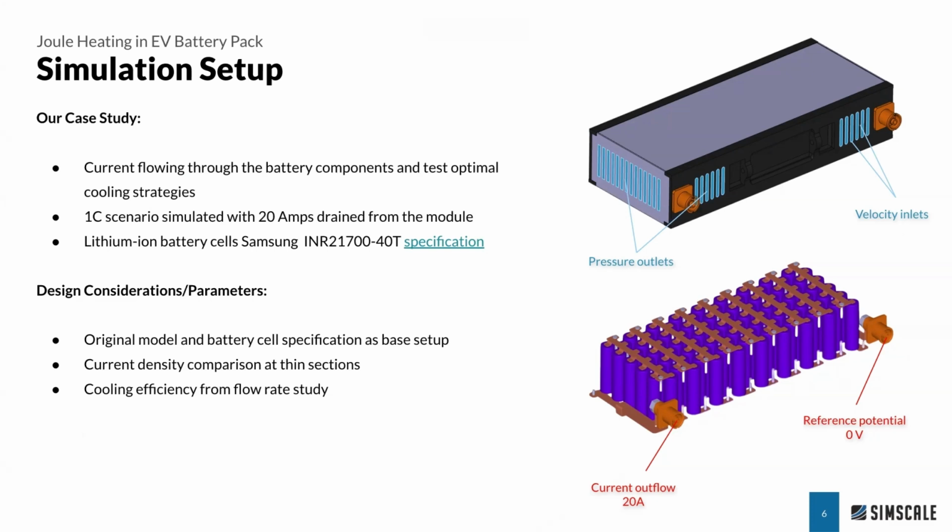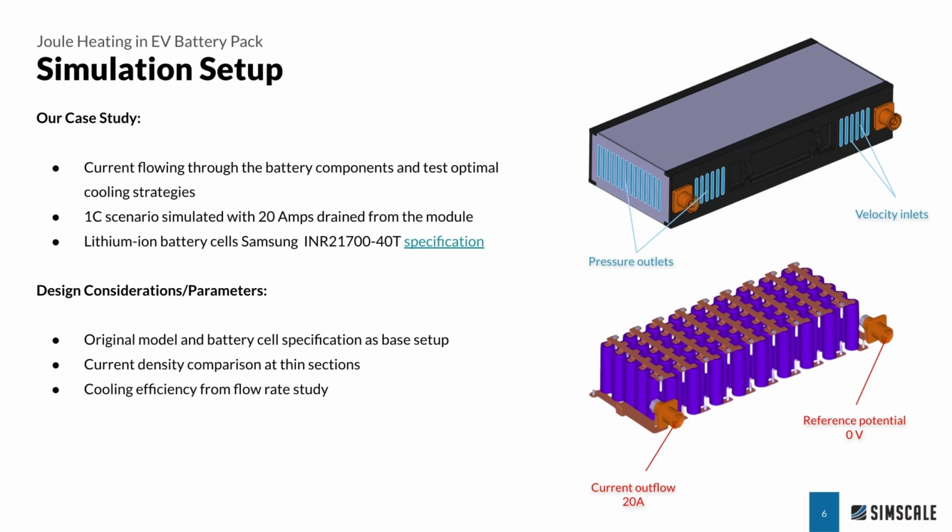And it was a 1C scenario where 20 amps was drained from the module. I'll delve into the details in the next slide of how we arrived at this current value, but just so you know, this value was directly extracted from battery cell specifications, so that here we are aiming for a design that shows real life scenarios as close as possible.